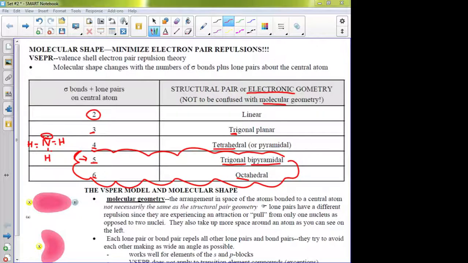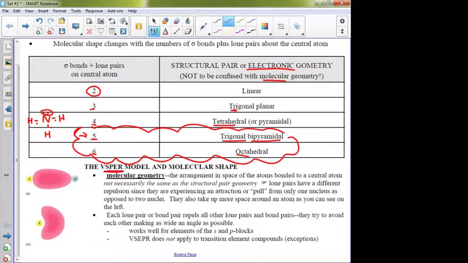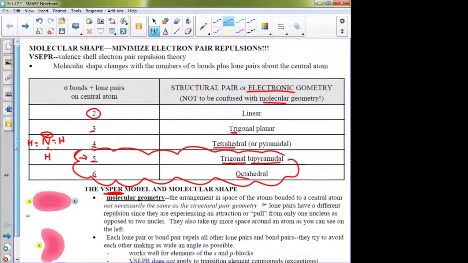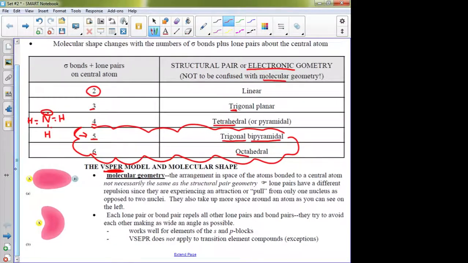All right? Then we get to molecular shape, and so we use the VSEPR model for that, which stands for valence shell electron pair repulsion theory. And all we're saying is yes, there are 4 areas of electron density there.